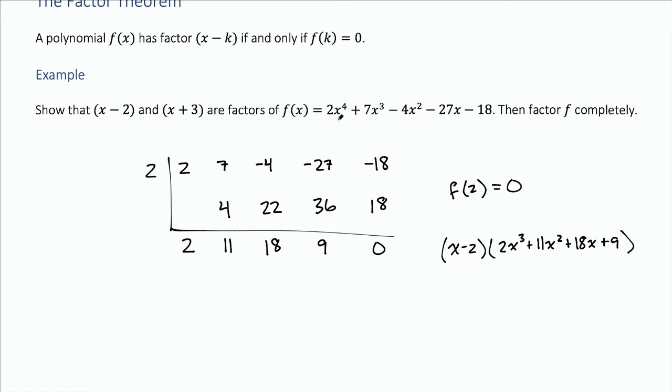So we've just found that this polynomial can be written like this. So if I want to show that x plus 3 is a factor of that, it means x plus 3 would have to be a factor of this leftover polynomial.